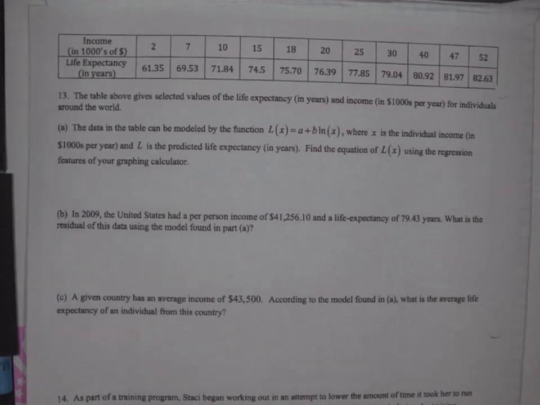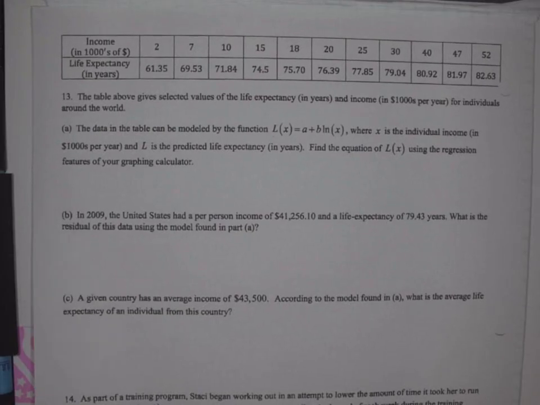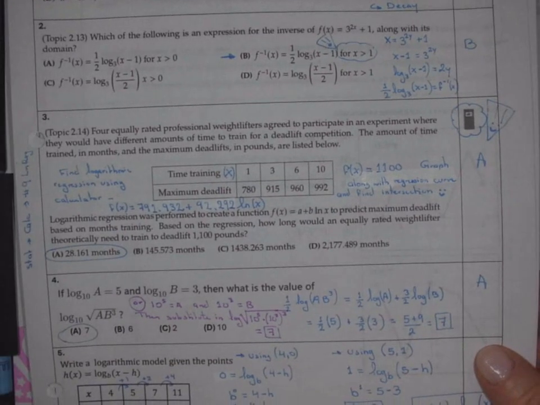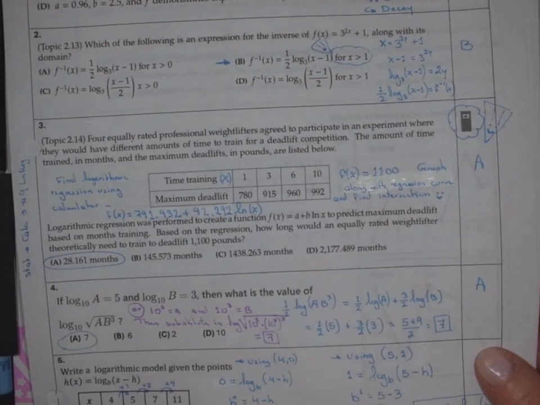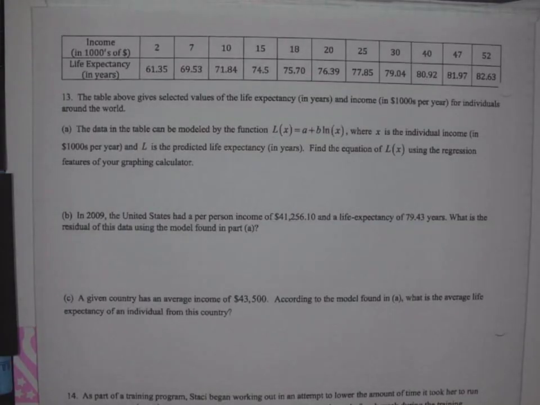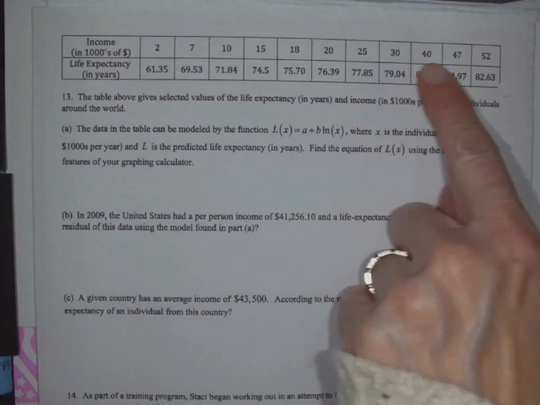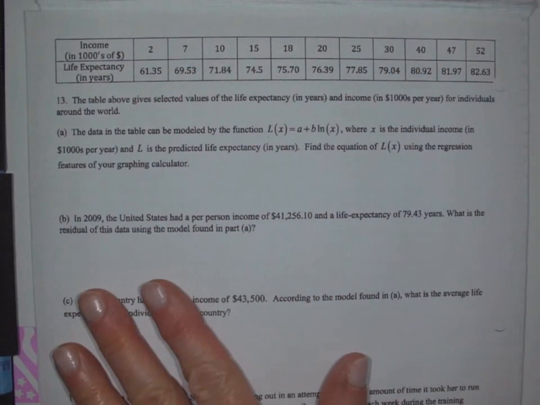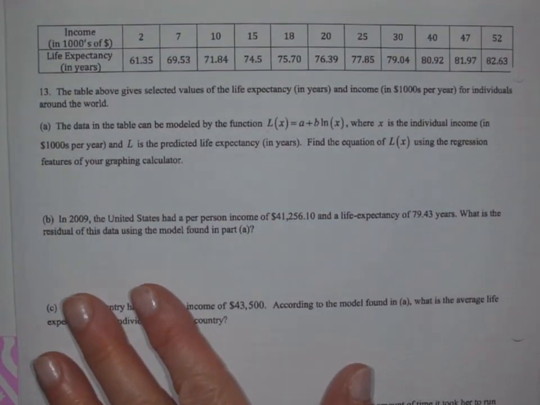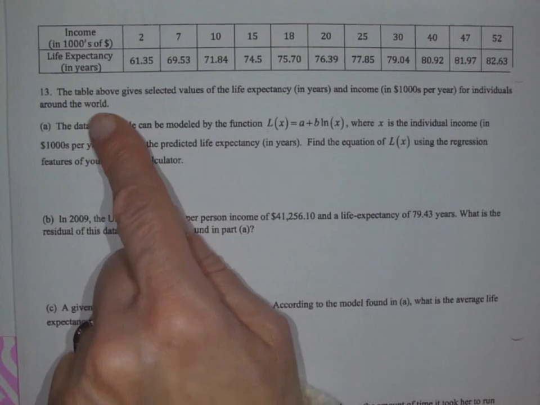Alright, where am I going? Now, this one is similar to number 3, the one that you guys struggled a little with, right? So what I did to save some time is I went ahead and already entered all of those numbers in my calculator. So what are we talking about here?